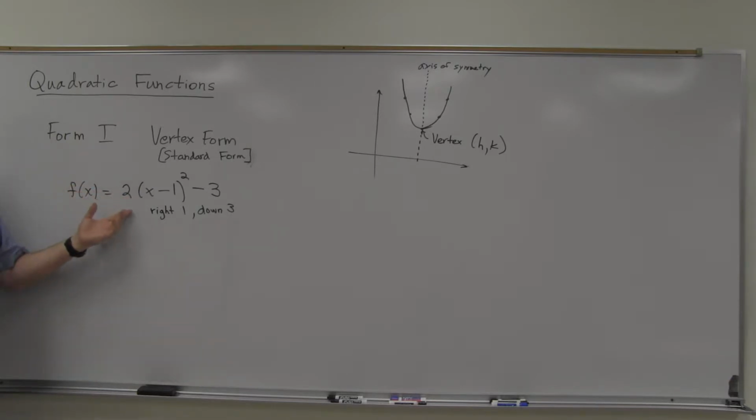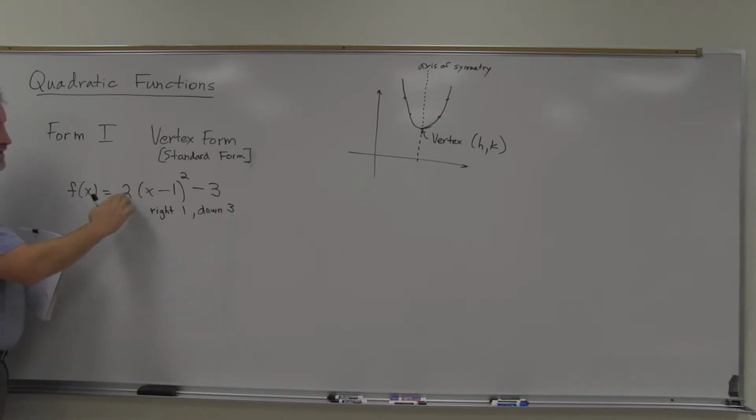So this is going to be a narrower graph. If you multiply this out, the first part of this is 2x squared.